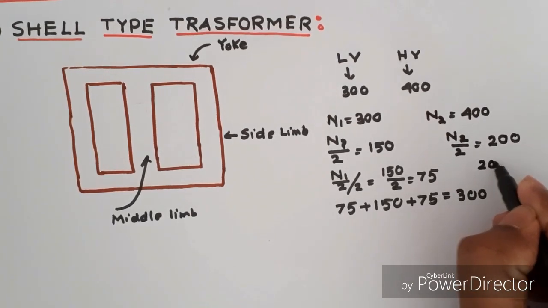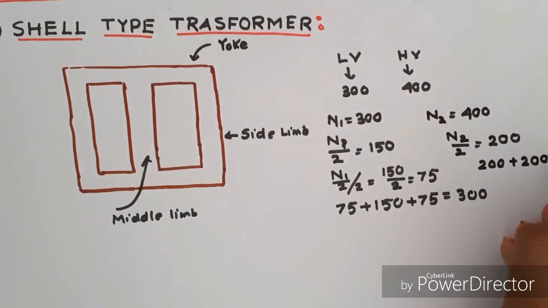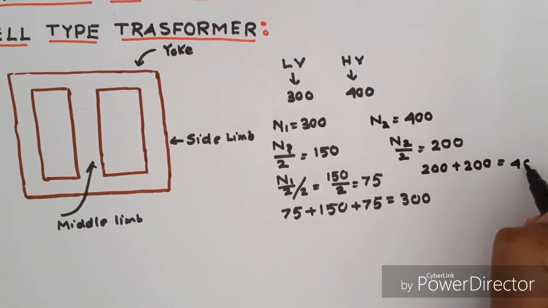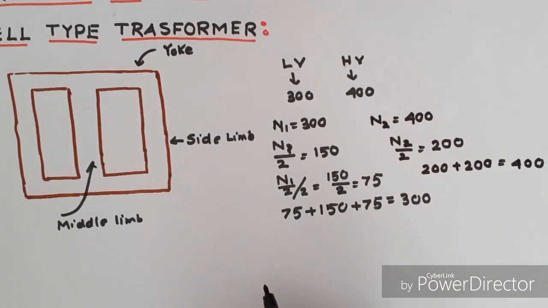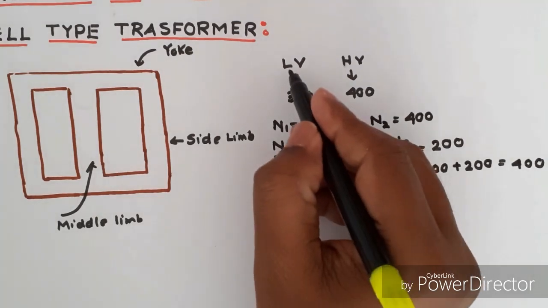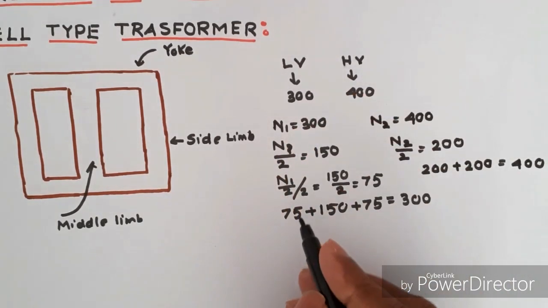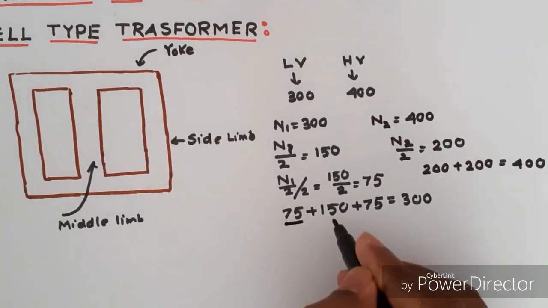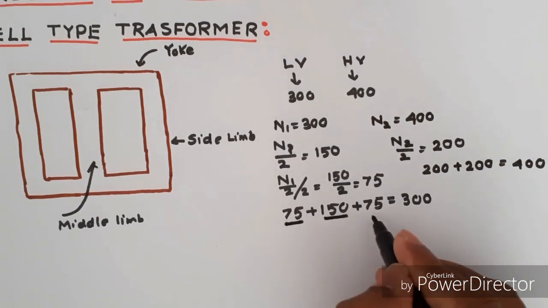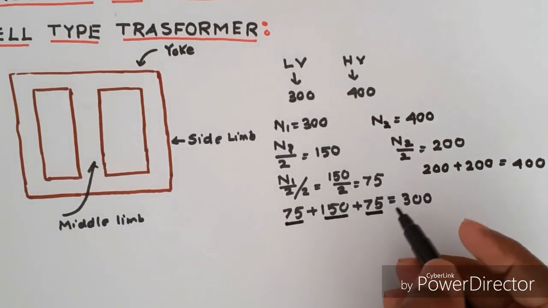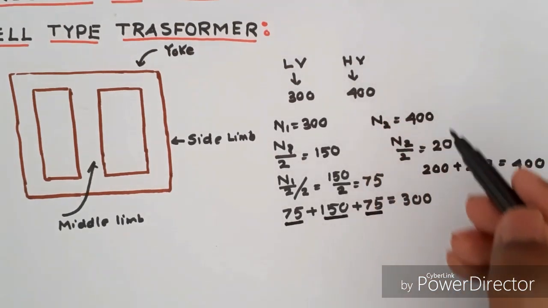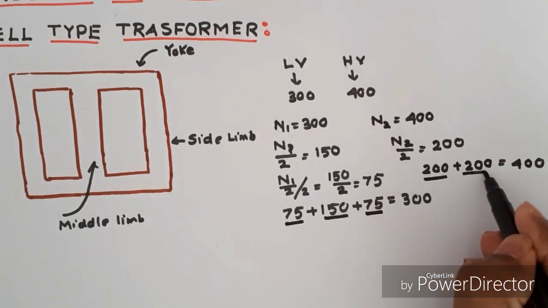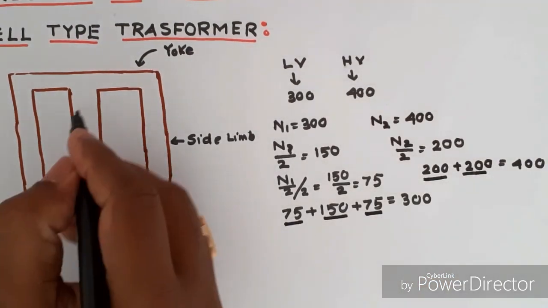Now 200 plus 200 equals 400. The low voltage winding is divided into three parts of 75 number of turns plus 150 number of turns plus 75 number of turns. But the high voltage winding is divided into two parts, 200 number of turns plus 200 number of turns, total 400 number of turns.